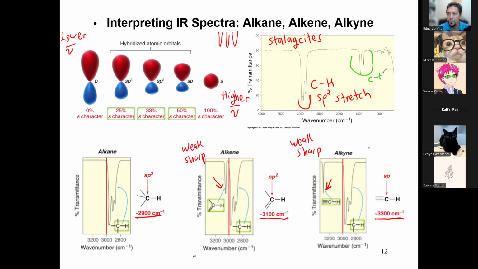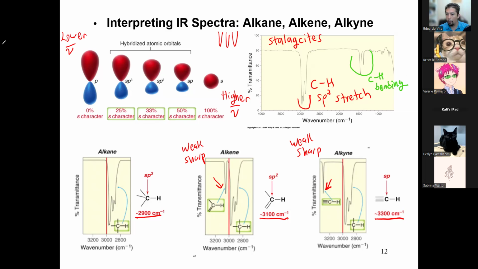These are probably some sort of CH bending going on over here somewhere. Which one? I don't know, man. There's a lot of peaks sometimes. We only look for one or two, maybe three, and that's it. The rest we kind of just ignore because we cannot really know exactly what they are. We're looking for characteristic peaks. We're looking for iconic peaks. Okay?